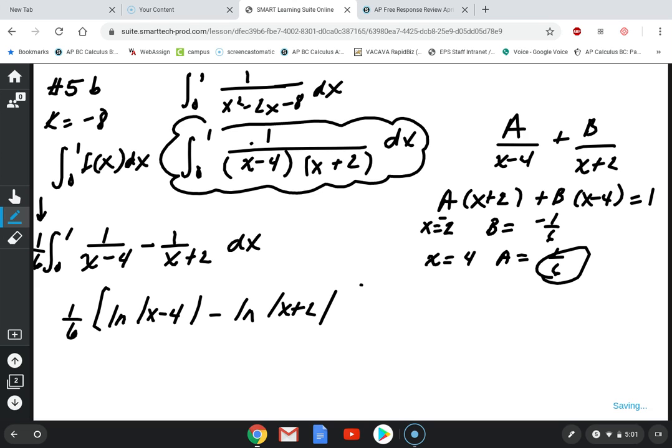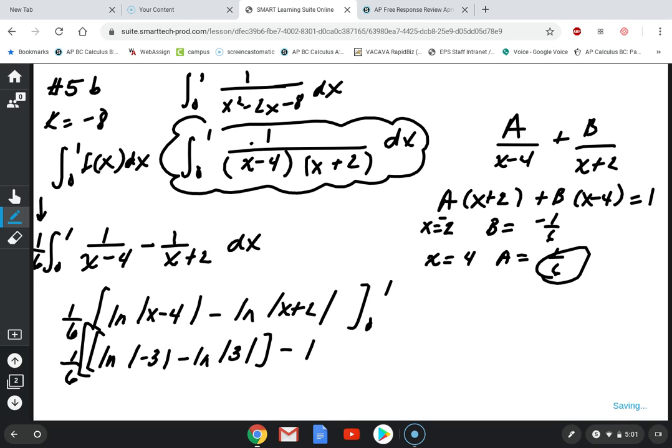and that's going to be from 0 to 1. So I have 1/6. Putting in 1, I have the natural log of -3 minus the natural log of 3, minus, putting in the 0, the natural log of -4 minus the natural log of 2.